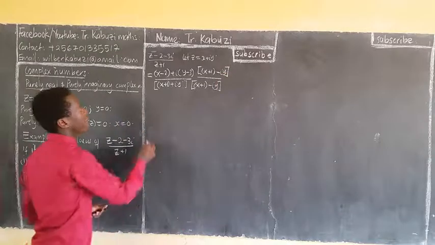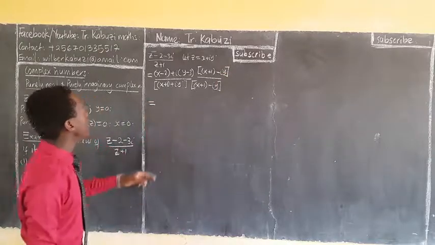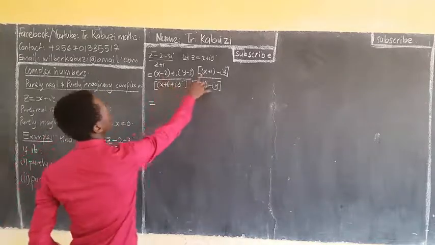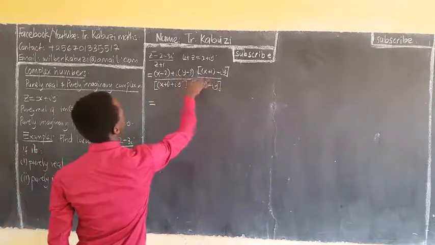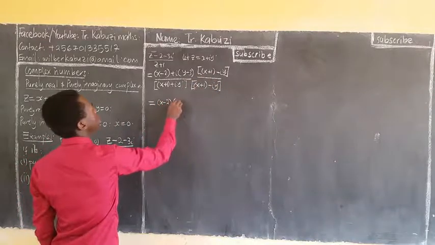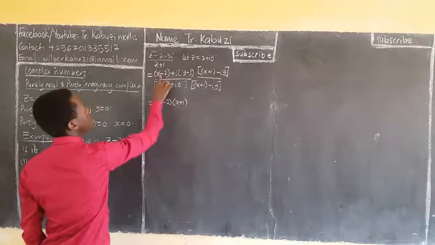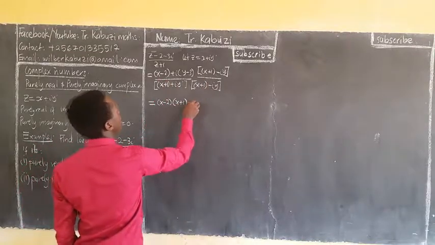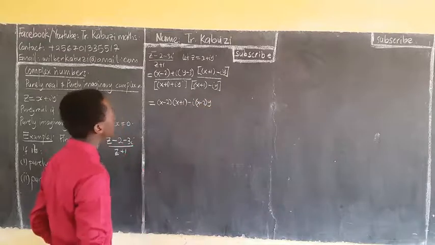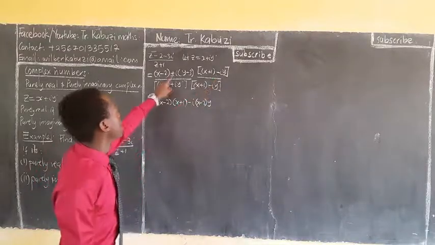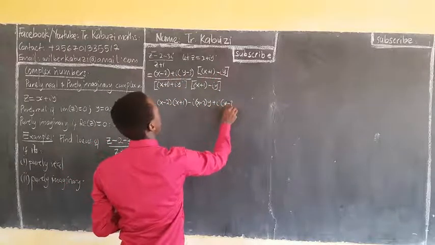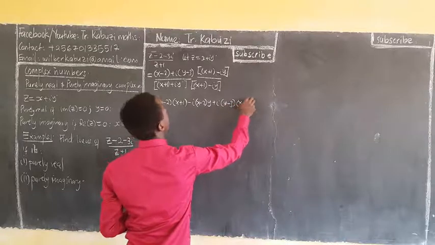From there, after we expand, I'll be having this times this, this multiplying this, and this multiplying this, then plus this multiplying this. So we now have x minus 2 multiplying y, minus i. Then still this times this, I'll be having plus i into y minus 3 times x plus 1.